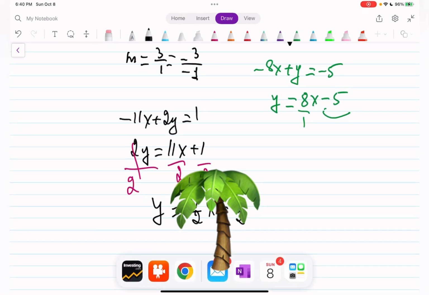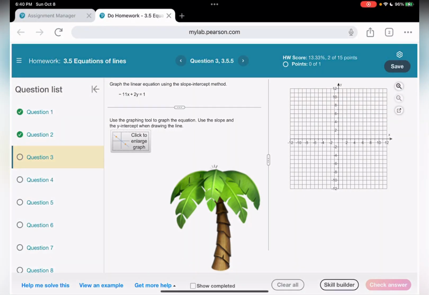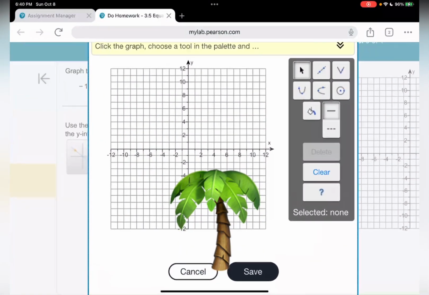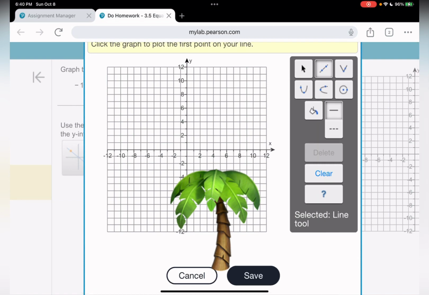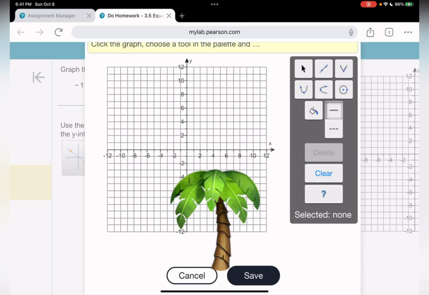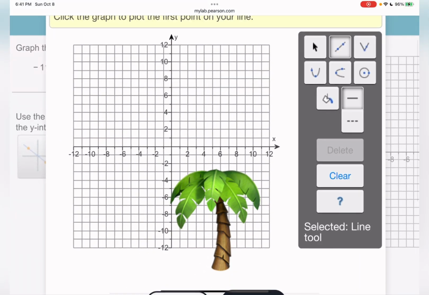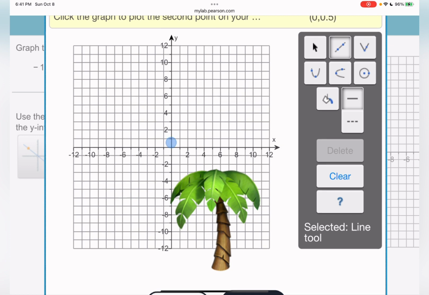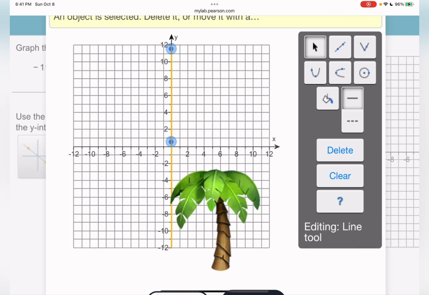Let's see what we're going to do. One half. Oh, I haven't even started. Positive 1/2 is going to be right here, and then 1/2 plus 11 is going to be 11.5. It's going to be like this, right? 11.5, and we go over 2.